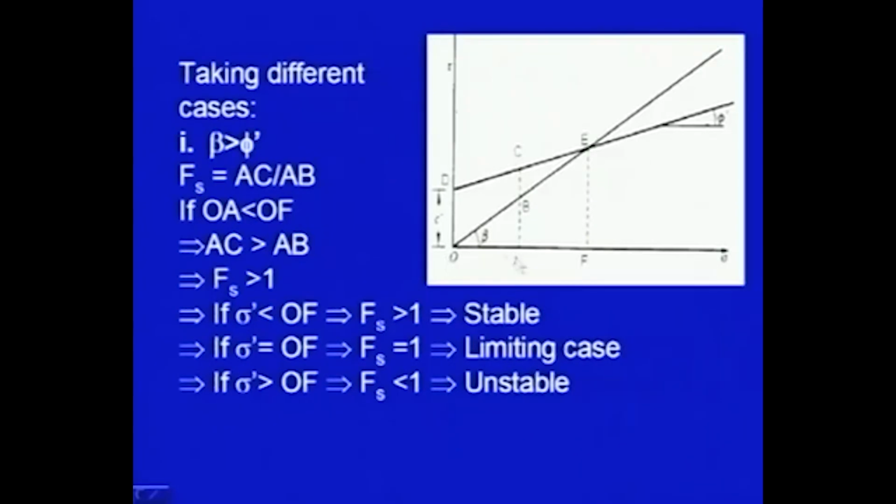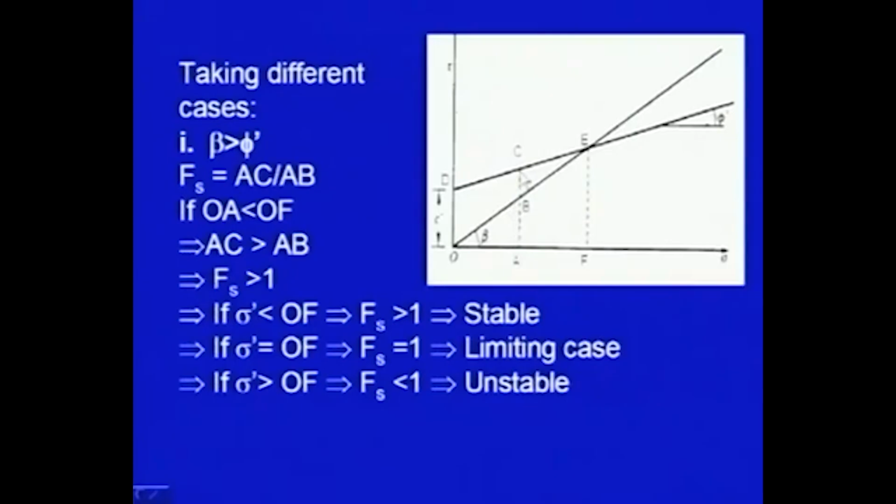Now, if OA is within this range between O and F, if OA is less than OF, in that case AC will be more than AB. So, up to this point E, this AC is more than AB.